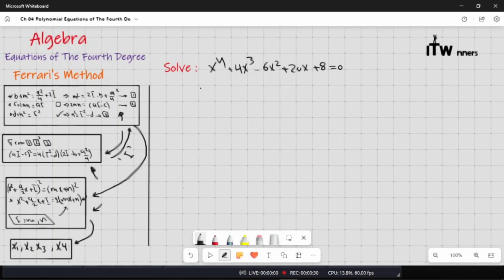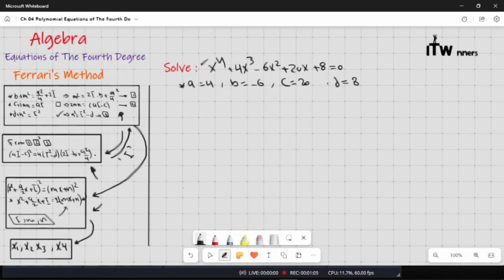Okay, so here step 1 is not needed, as we have a1 equal to a0 equal to 1. Okay, and steps 2, 3, 4 will be performed with this function. So we have a equal to 4, b equal to -6, c equal to 20, and d equal to 8.